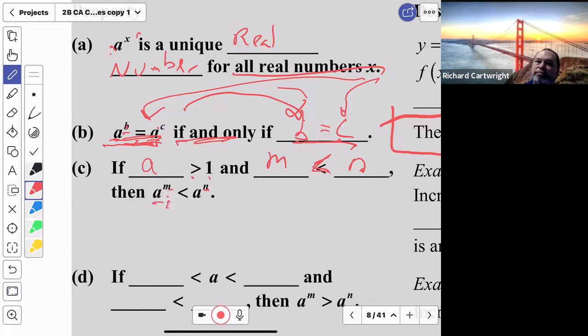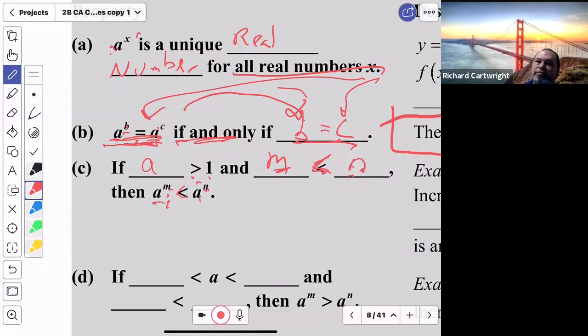I want, if a is greater than 1, I have them reversed, I think. No, I do want m less than n. And m is less than n, then a to the m is less than a to the n. Let's see if that's, oh yeah, because m is smaller. I was thinking m's bigger because it looks bigger than the n.